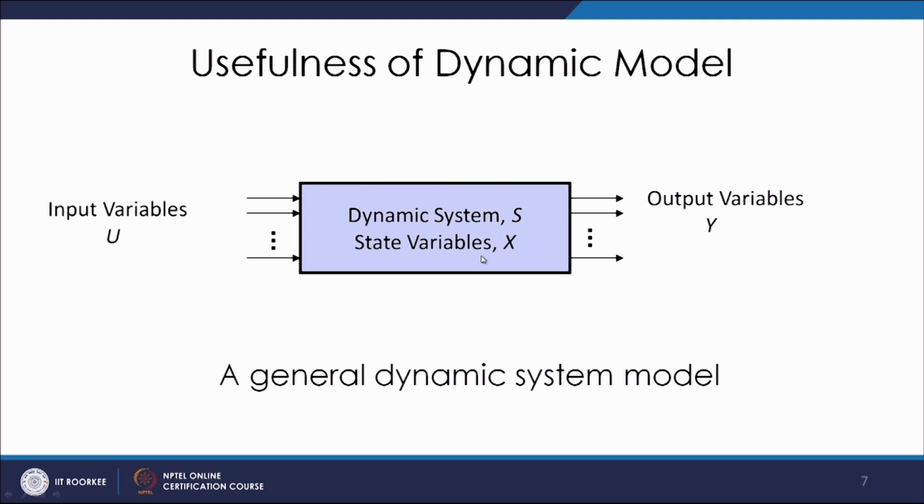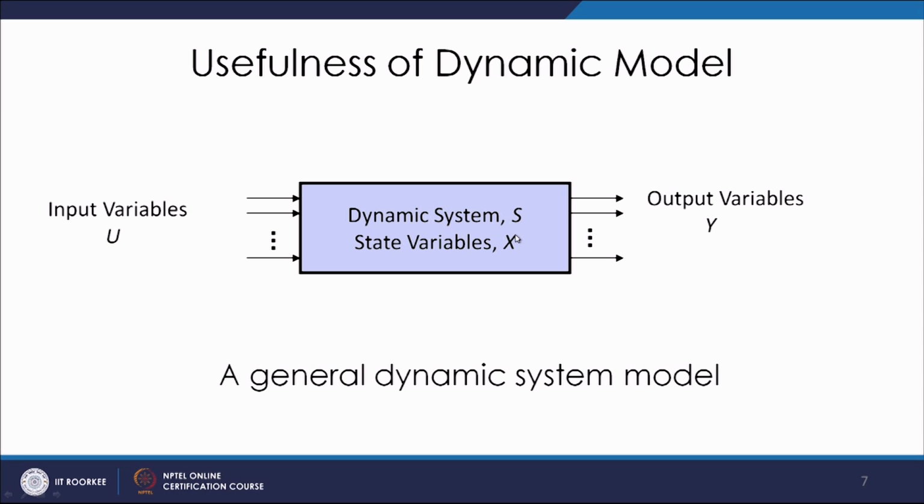This general dynamic system model is represented by S, and this model is in terms of state variables x. Here I am writing the dynamic system model, which I am calling S, and this model is written in terms of state variable x.